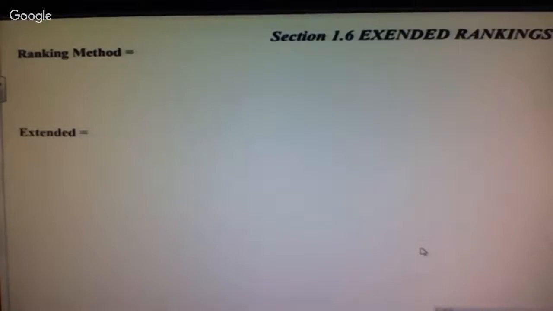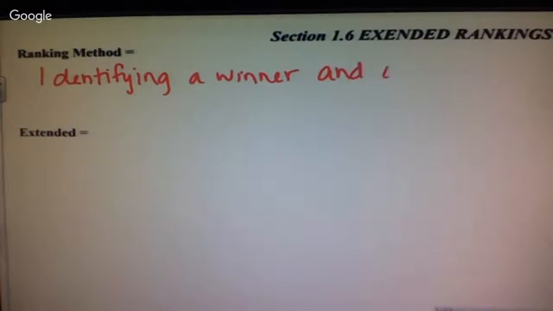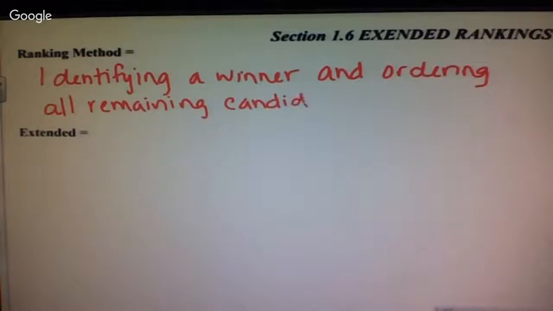So, ranking method. Identifying a winner and ordering all remaining candidates. Okay, so you're doing the same methods we've already learned, but now instead of just telling me A wins, you're going to tell me A wins, C comes in second, B comes in third, and D comes in last.